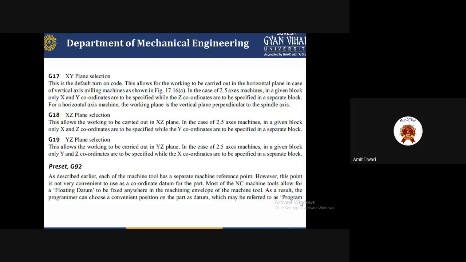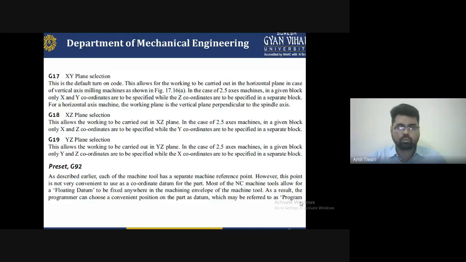Now, second, that is G92. As I discussed earlier, each machine tool has a separate machine reference point. However, this point is not very convenient to use as a coordinate datum or a part datum.